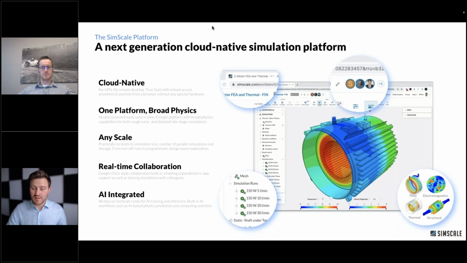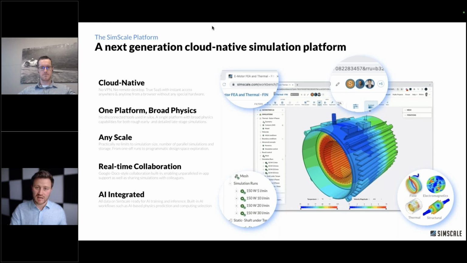Another differentiator of SimScale is the fact that SimScale is AI powered. Everything is AI powered these days. I think you can get a toaster that's AI powered. But this is really a strategic part of SimScale's development and strategy. You can make AI predictions of what you expect SimScale results to be in order to iterate much faster at the early stage in the design cycle.